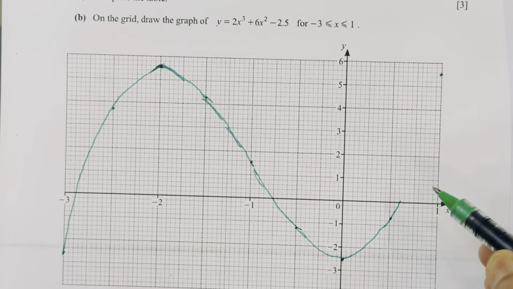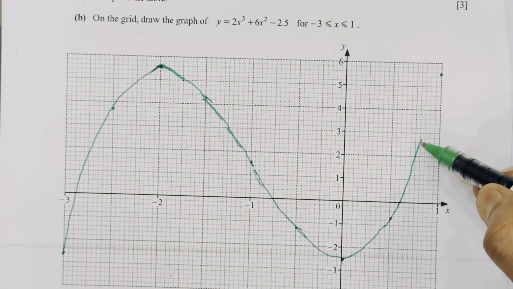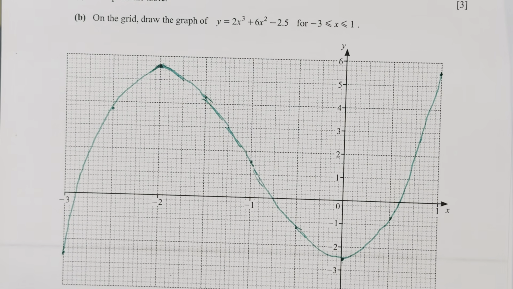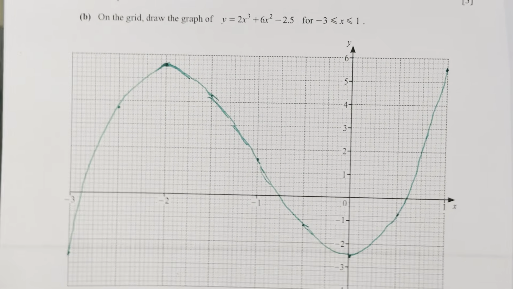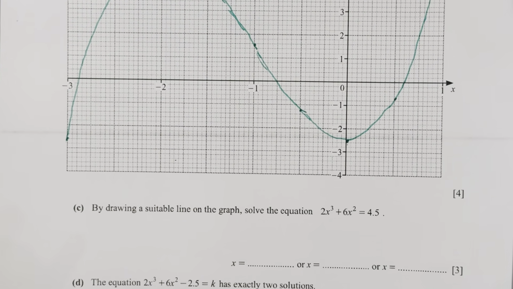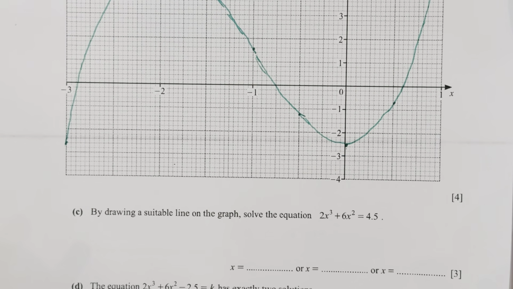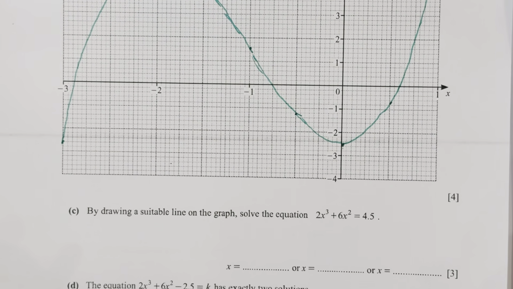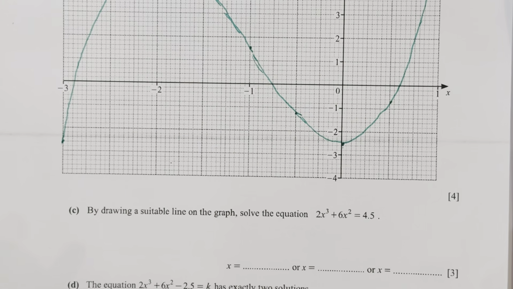So this is how we have completed. Okay, you need to go more slowly than me. Okay, by drawing a suitable line on the graph, solve the equation 2x cube plus 6x square is equal to 4.5.